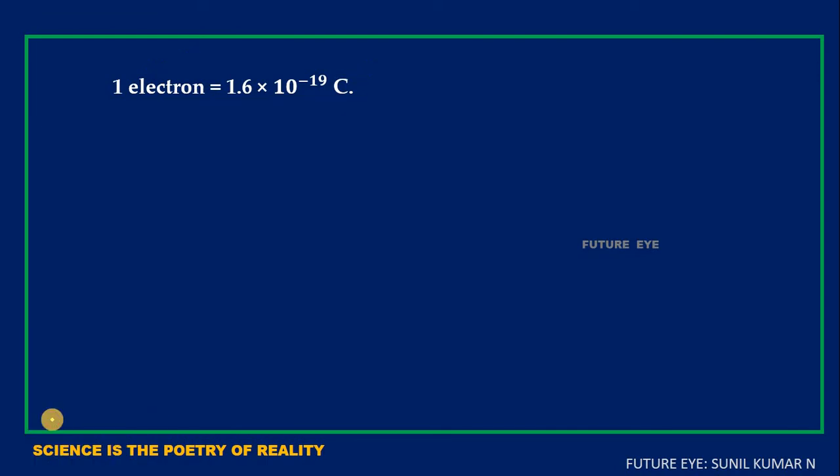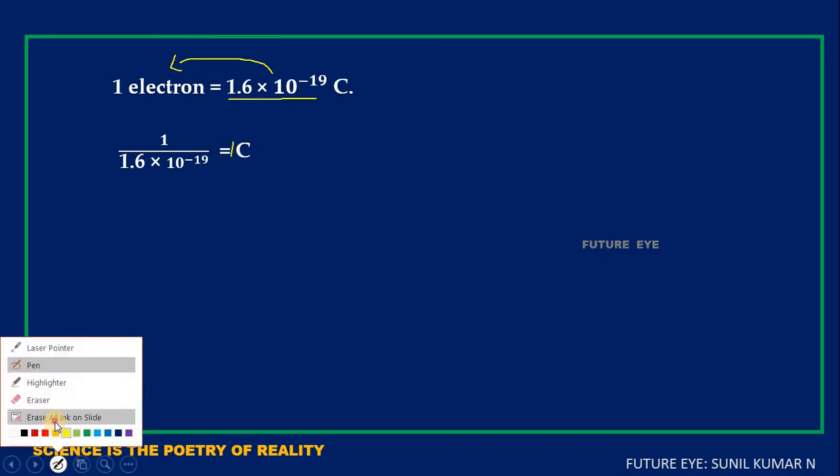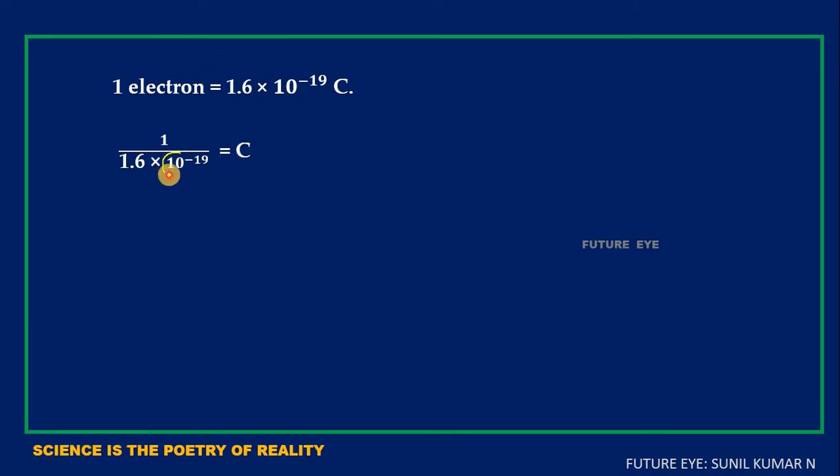Now here we want to calculate how many electrons will be there in 1 coulomb. So for that, this full value I'll transfer to the left, so it becomes the denominator just like this. On the right-hand side only 1 coulomb will be there. Now this 10 to the power of minus 19 is transferred to the numerator, and we get it as a positive power. Now here there is a decimal point.